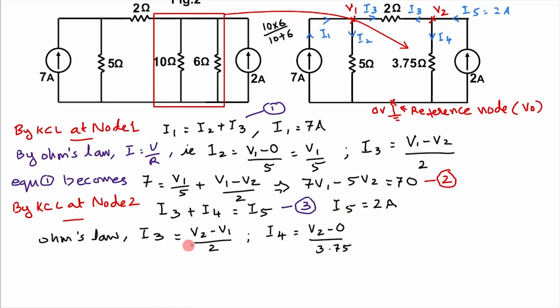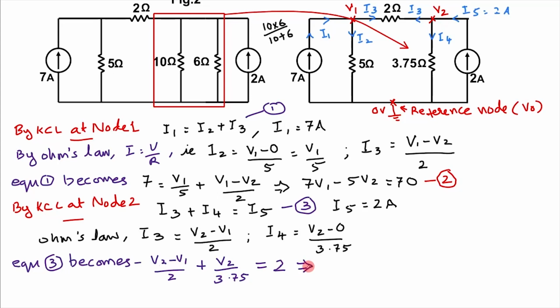Substituting these values of I3, I4 and I5 in equation 3, we get V2 minus V1 by 2 plus I4, which is V2 divided by 3.75, is equal to I5, which is 2 ampere. Simplifying this, we get minus 3.75 V1 plus 5.75 V2 is equal to 15. Let this be equation 4.